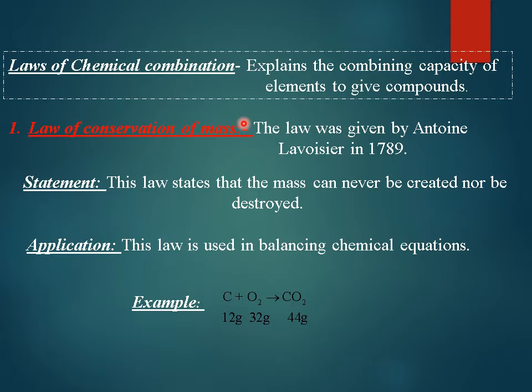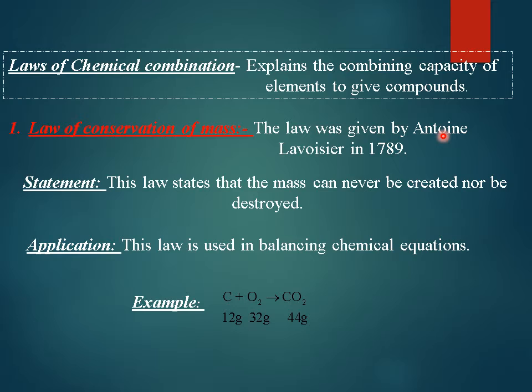The first law that we are going to discuss under laws of chemical combination is the law of conservation of mass. The law of conservation of mass was given by Antoine Lavoisier in 1789. You have studied this law in your class 10th while learning to balance chemical equations.